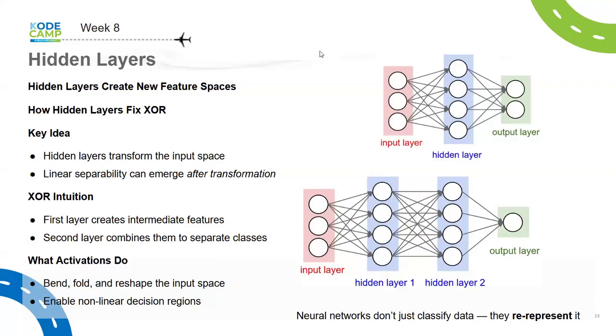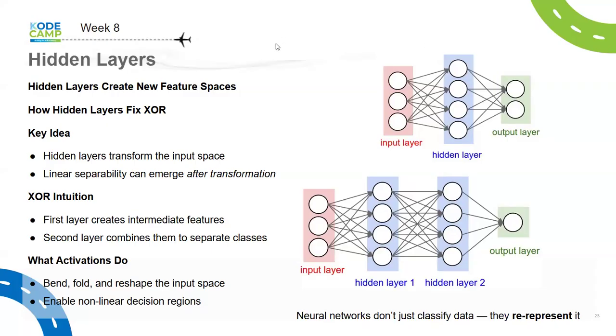And the way to think about it is, when you build a multi-layer perceptron, you have each layer corresponding to the number of features that you want to deal with.